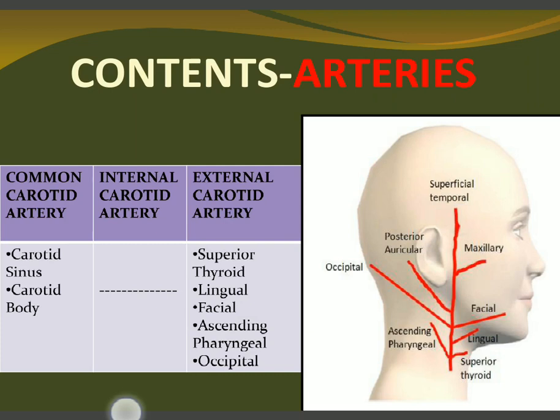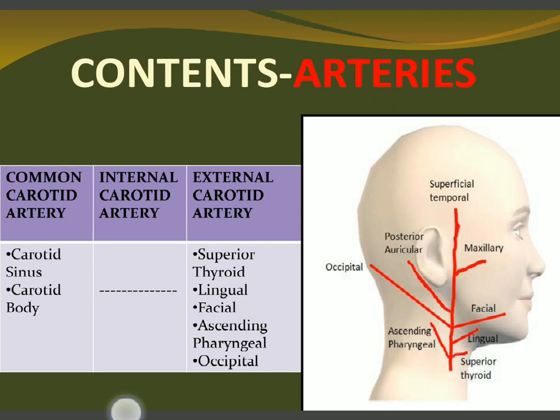The branches that are part of the carotid triangle are superior thyroid, lingual, facial, ascending pharyngeal, and occipital. There are a total of 8 branches, and out of 8, these 5 are part of the carotid triangle. So, Some Anatomists Like Freaking Out. These branches are part of the carotid triangle.